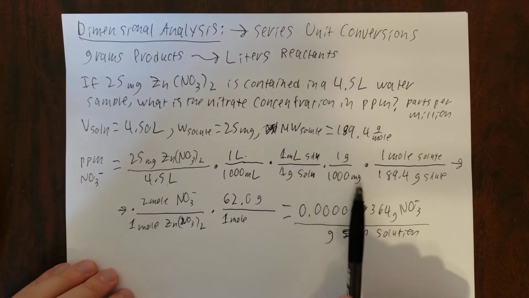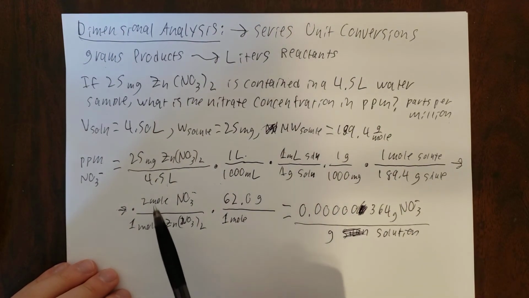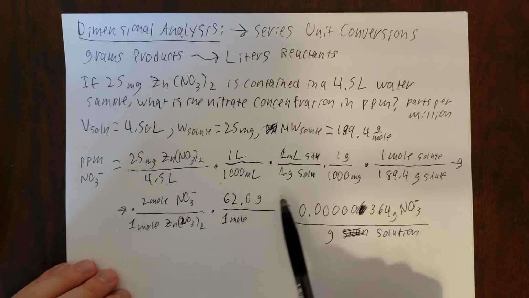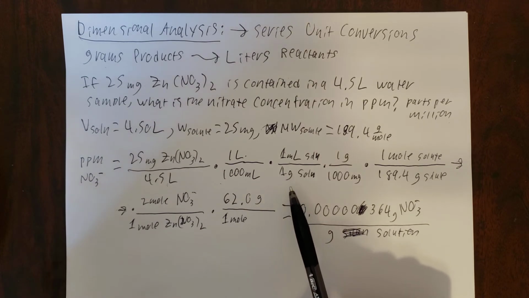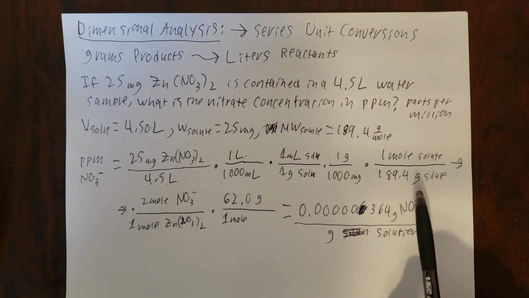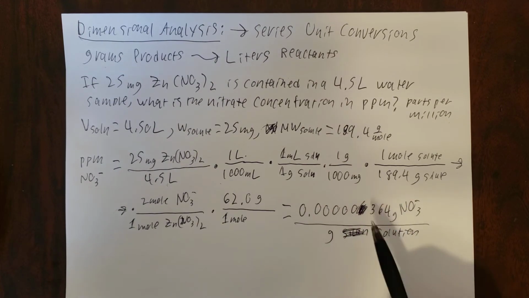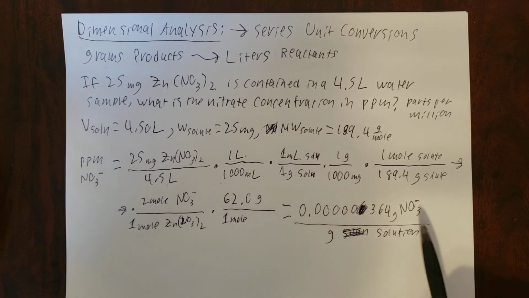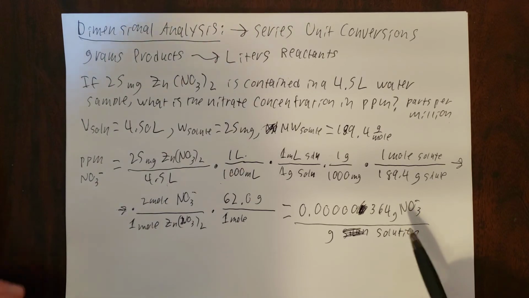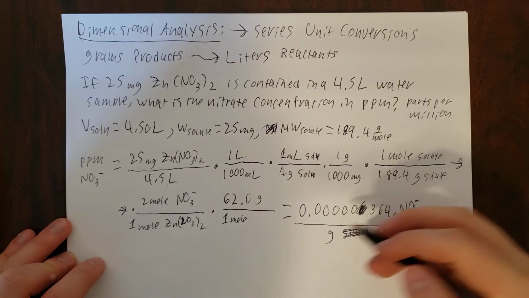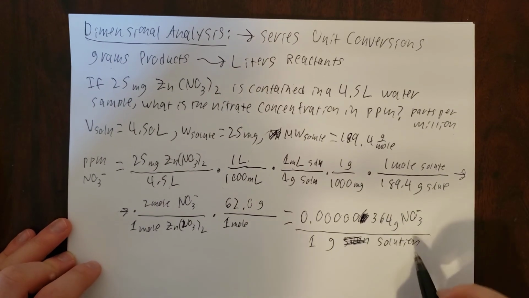Grams cancel with grams. Moles, moles, moles, moles. Grams, grams. Everything ultimately cancels out in the end, but we carry the grams through because it's an amount per amount measurement. And so from here, we can tell that this is per 1 gram of solution.